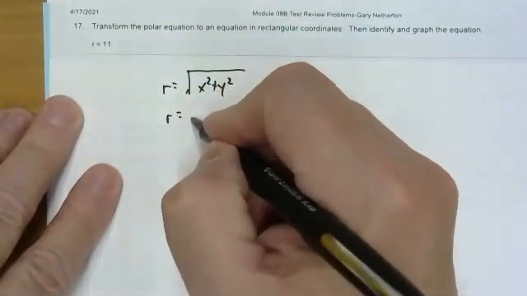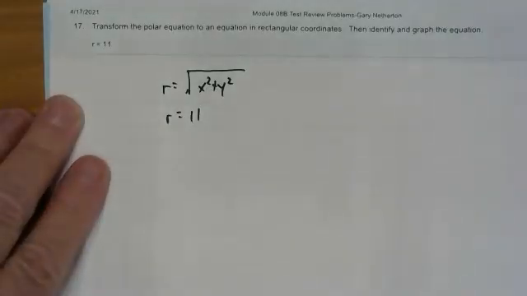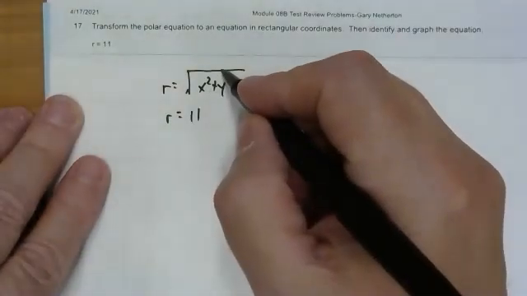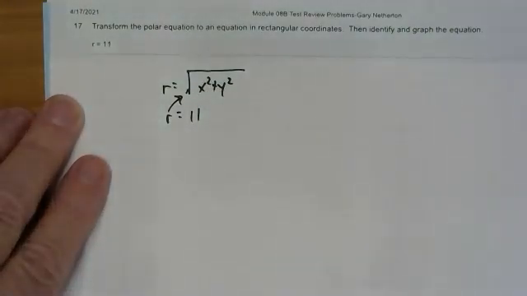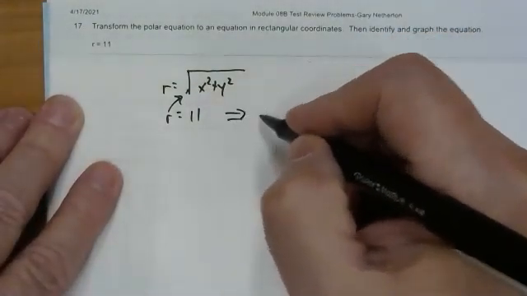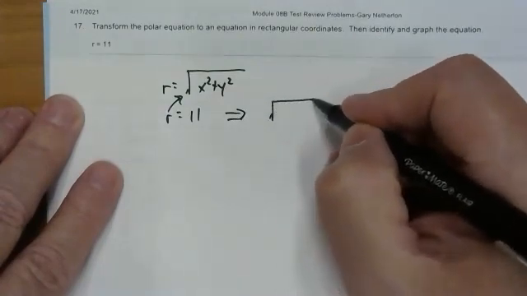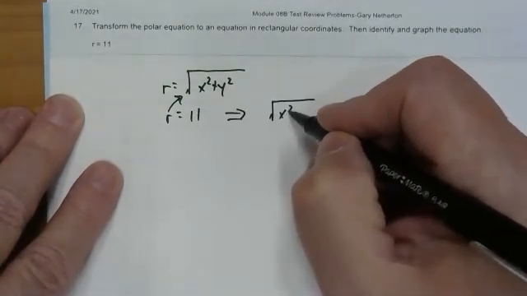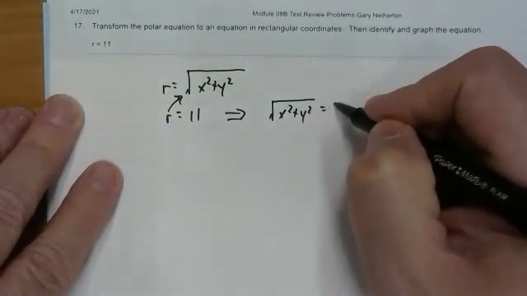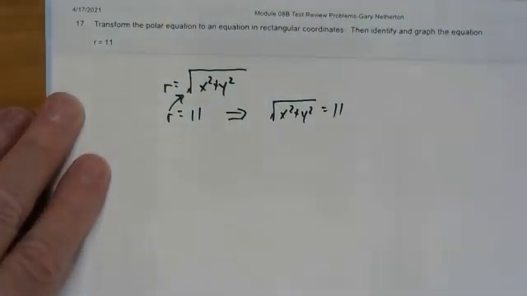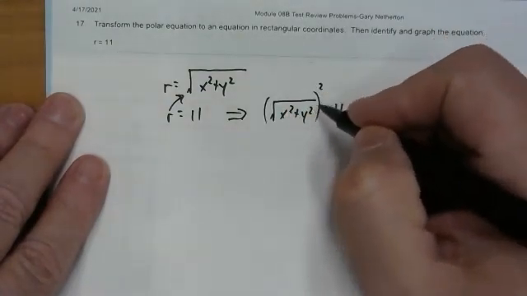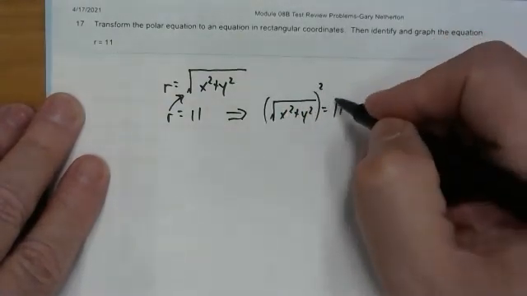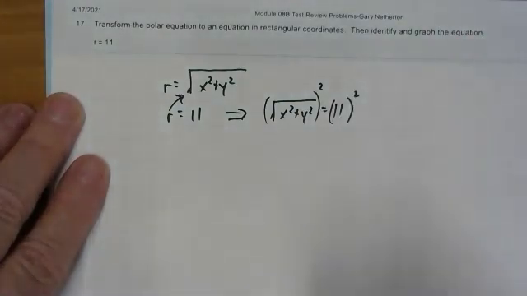Our polar equation is r equals 11. What we're going to do is replace the r here with the square root here. So instead of r equals 11, we can say the square root of x squared plus y squared equals 11. And then the way we write these, we don't want to leave a square root here. So if I want to get rid of the square root, when you square a square root, it goes away. Of course, I have to square both sides.